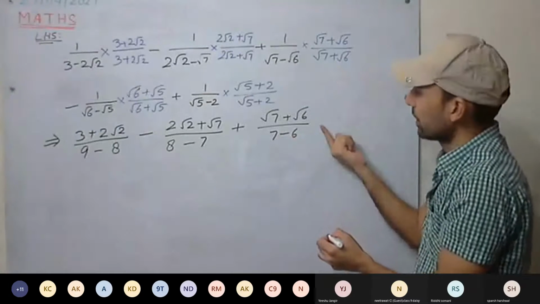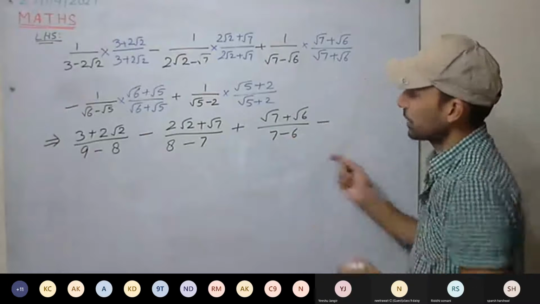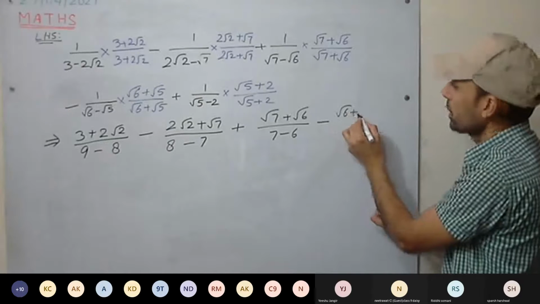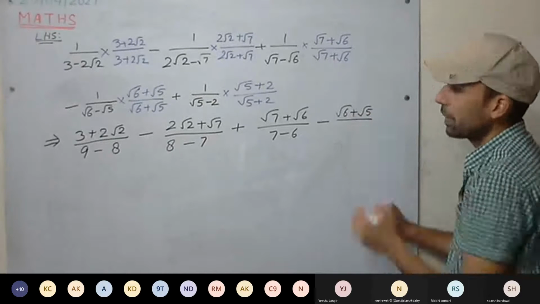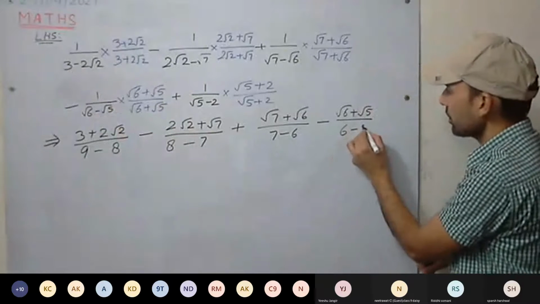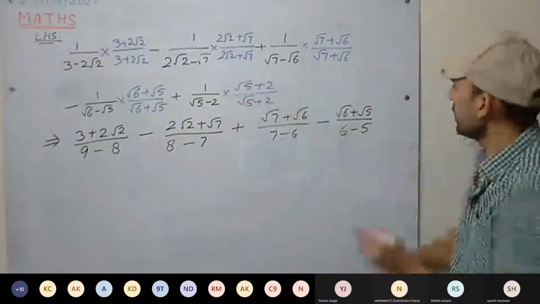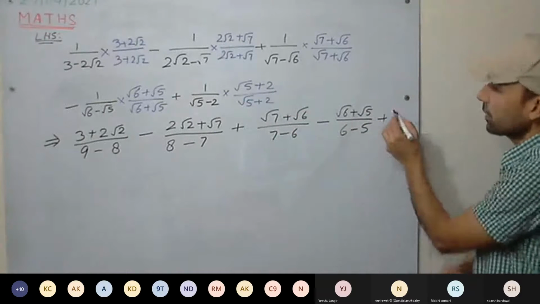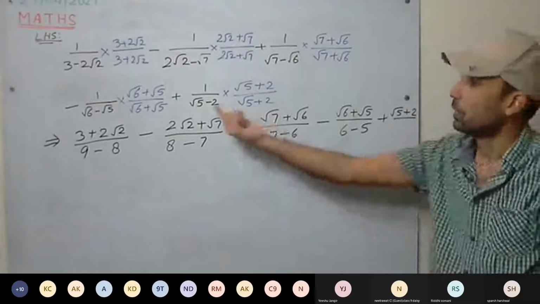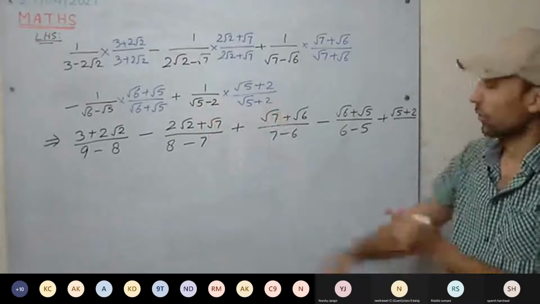Next term minus root 6 plus root 5 divided by 6 minus 5. Again plus root 5 plus 2, it will be 5 minus 4.